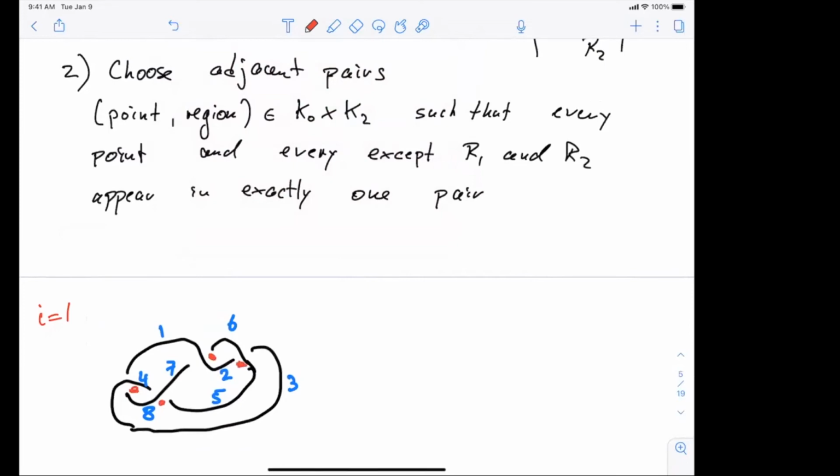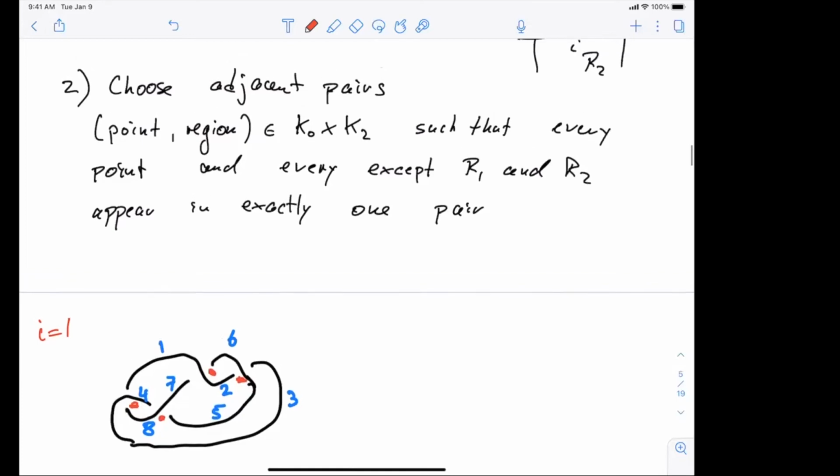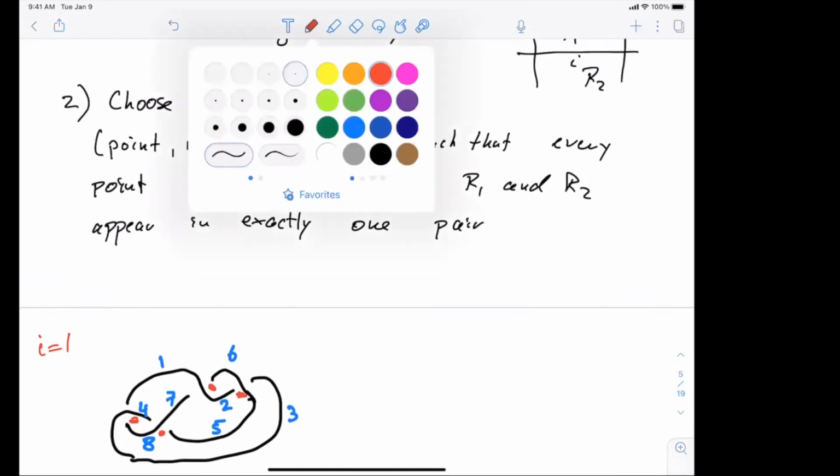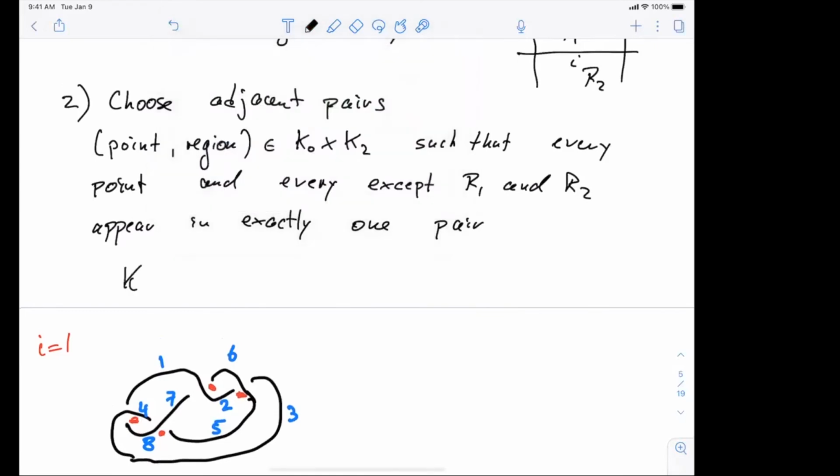I will put a dot for the pair. This dot means I use this region and the crossing point. So in other words, these pairs correspond exactly to the arrows in the theorem. This choice of pairs is called the Kauffman state.